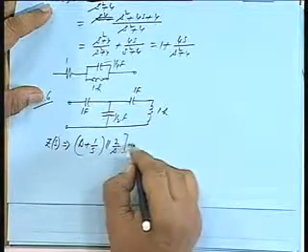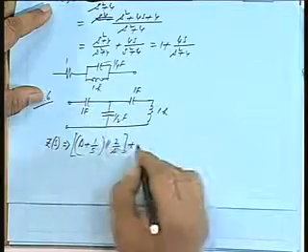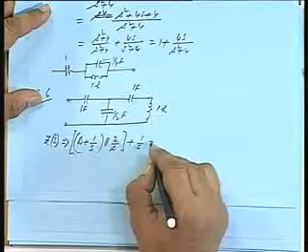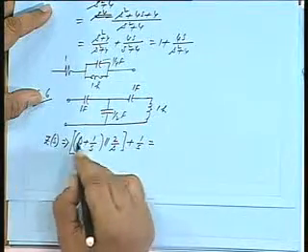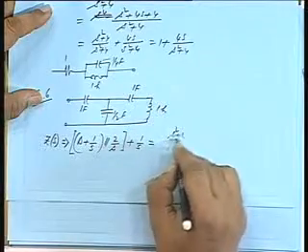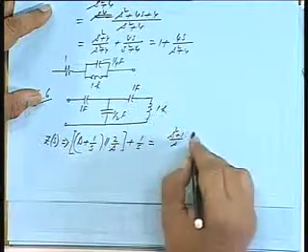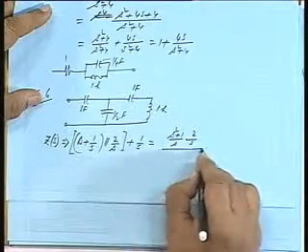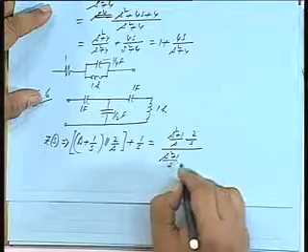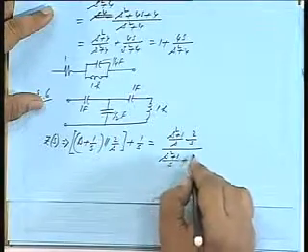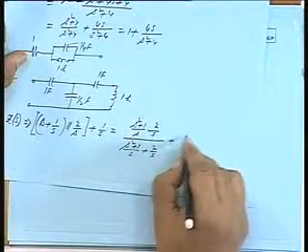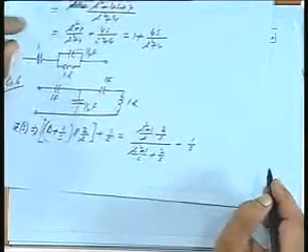This combination is in series with 1 by s. Is it not? So let us simplify this. This is (s squared plus 1) by s. So (s squared plus 1) by s into 2 by s, divided by (s squared plus 1) by s plus 2 by s. Okay. Whole thing is finally added with 1 by s.